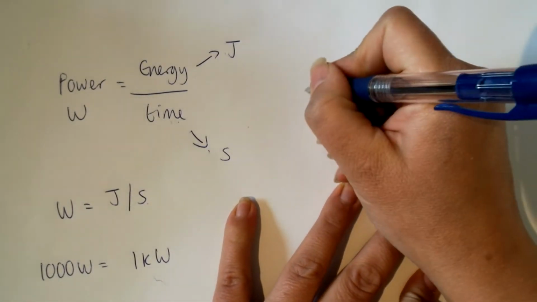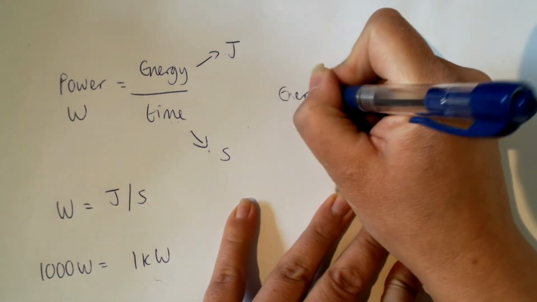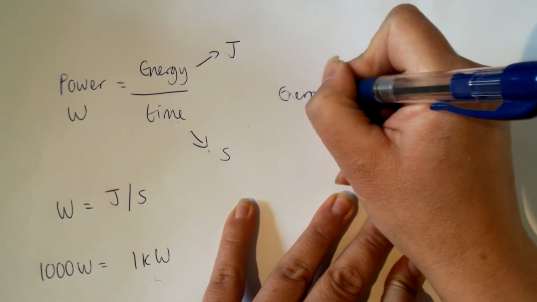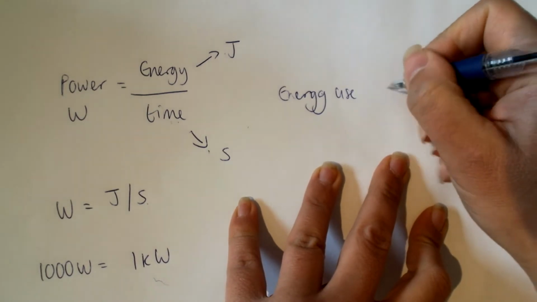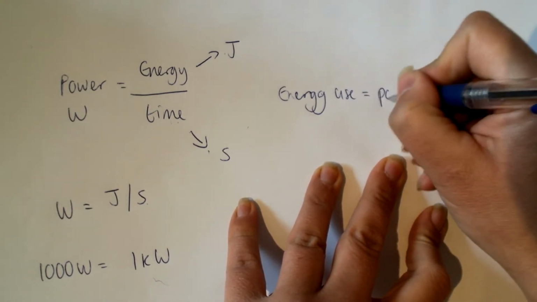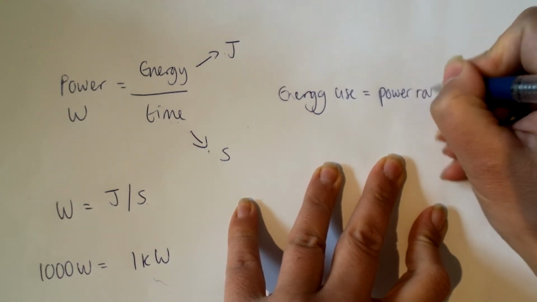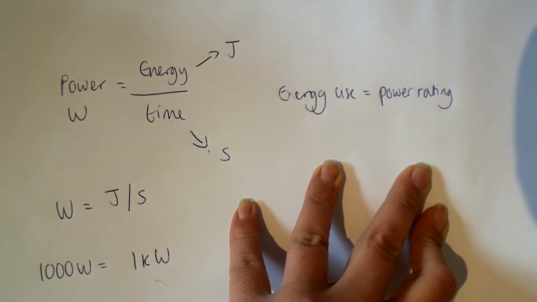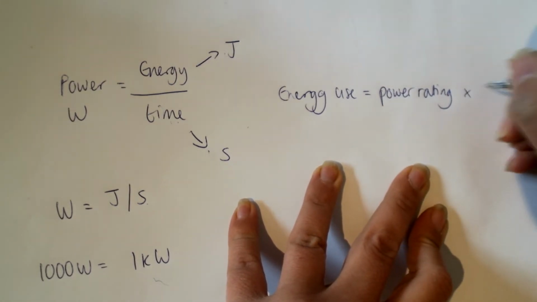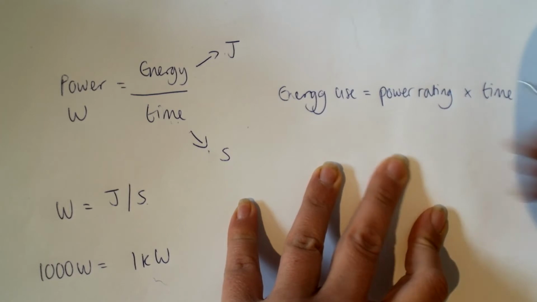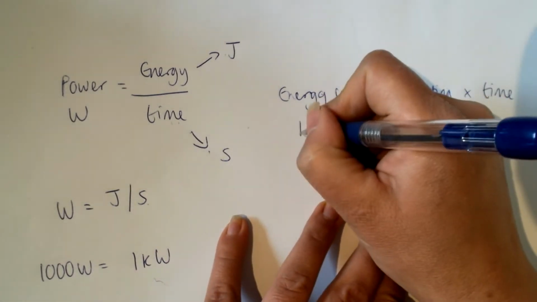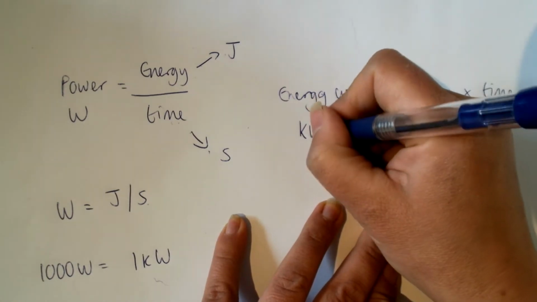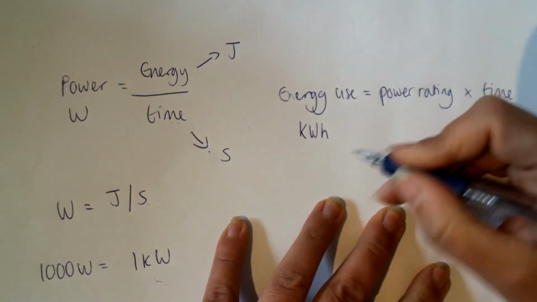So we've got energy use equals the power rating, so that's on the appliance, times the time. So the energy use is in a really odd unit, the kilowatt hour, with no slash in it.